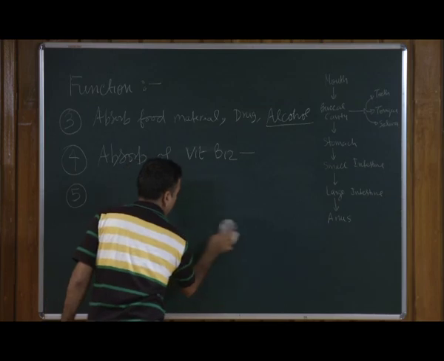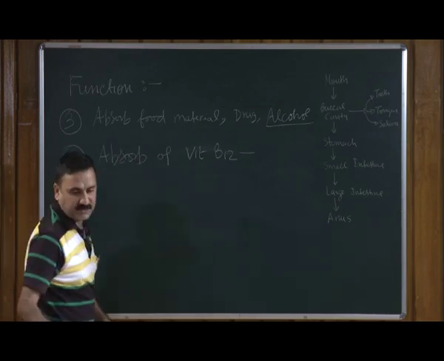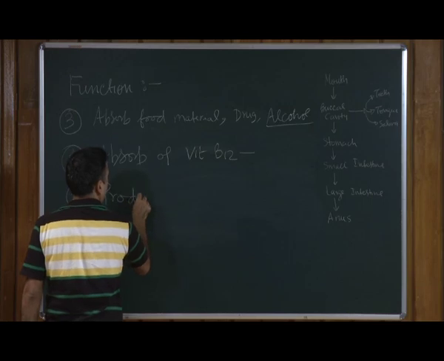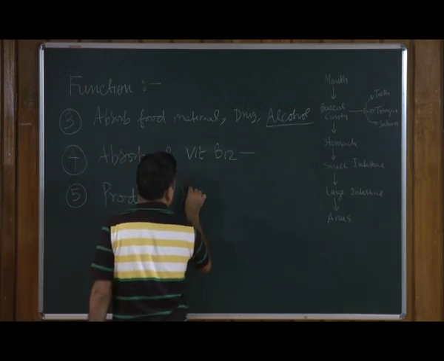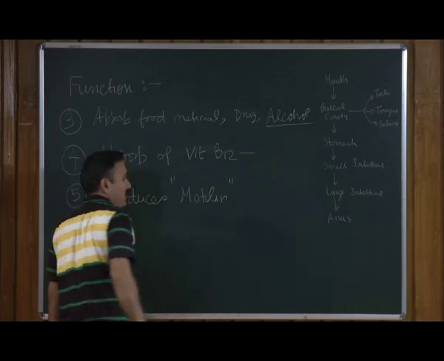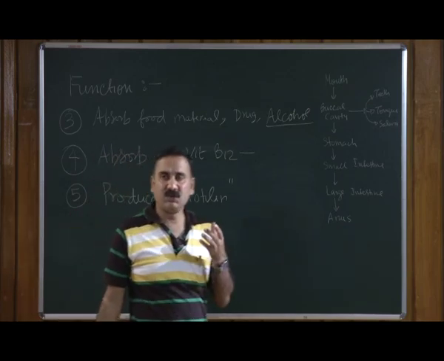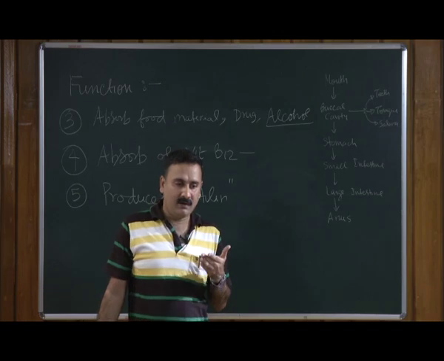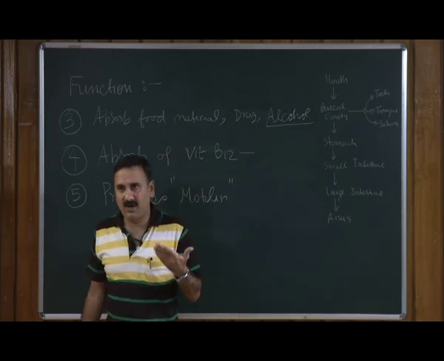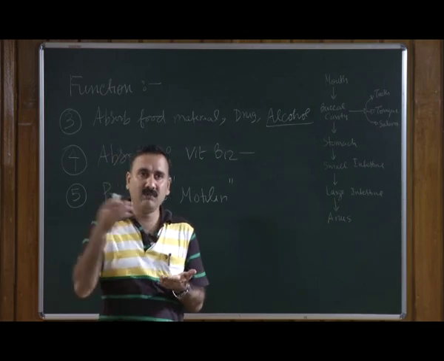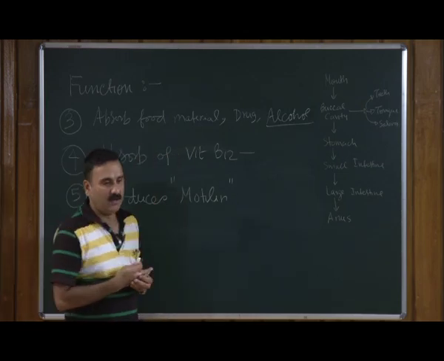Number 5, the stomach produces a molecule. Stomach produces motilin, and motilin is a molecule which gives the signal that promotes the churning movement.